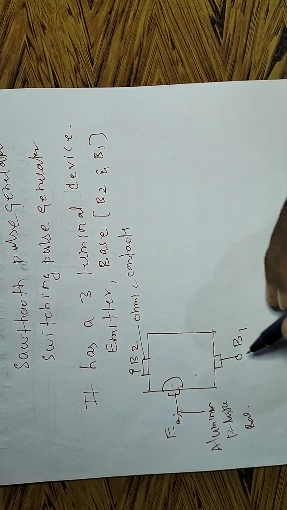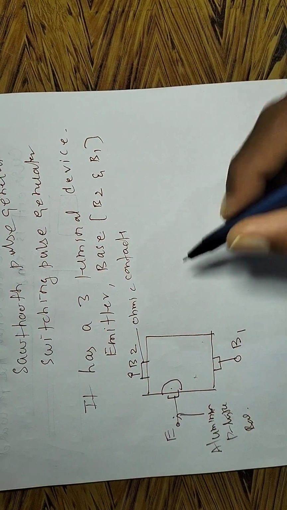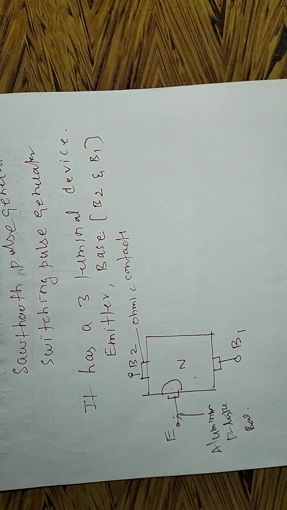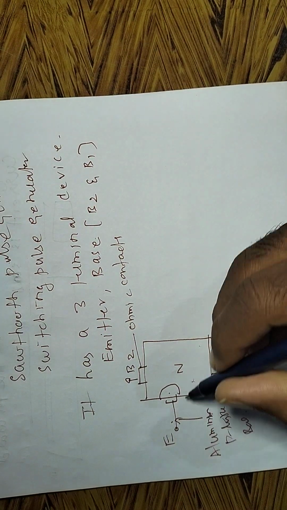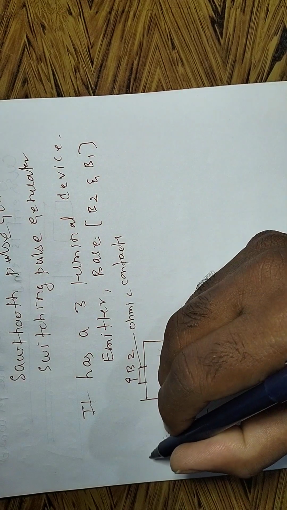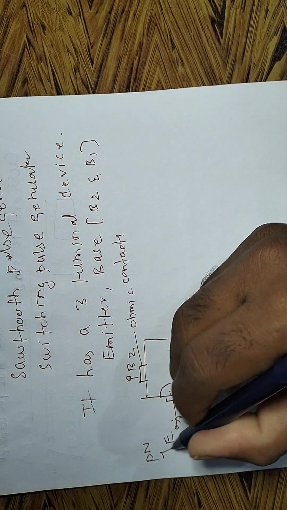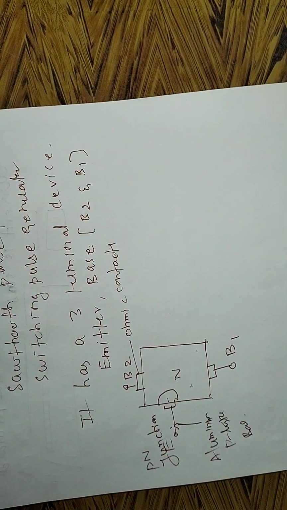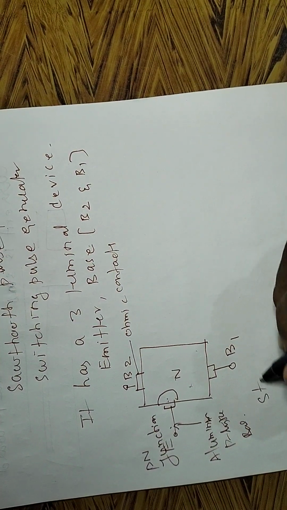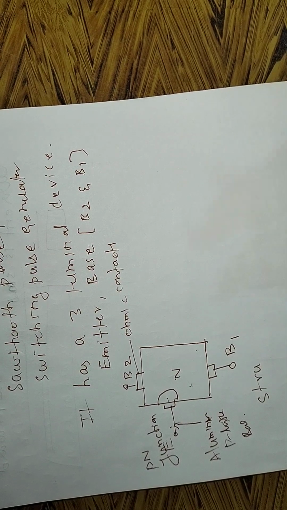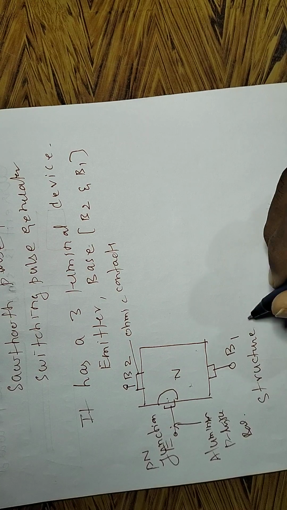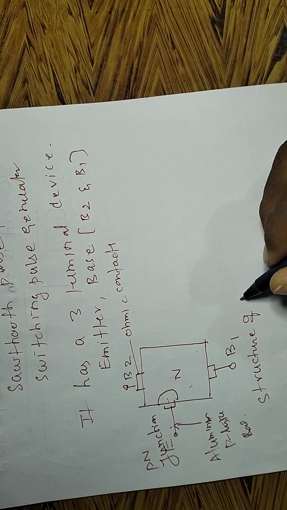Base 1 and base 2 are nothing but the silicon bar. Now this is n-type, and the combination of p-type and n-type is nothing but a p-n junction. So this is the structure of the UJT.